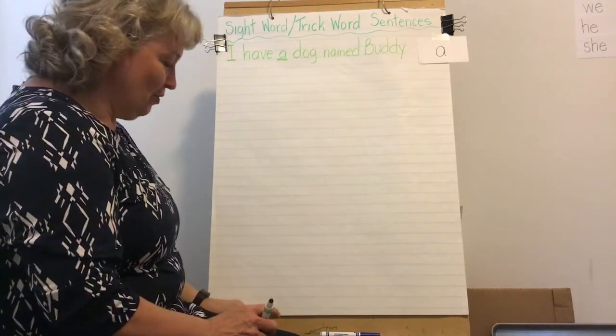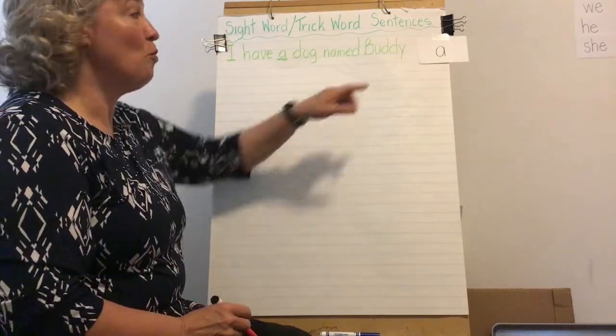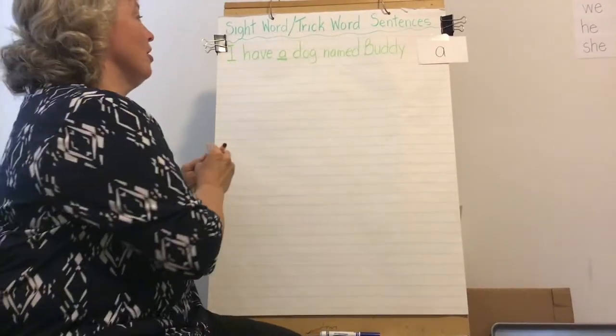All right, so go ahead. You try another sentence. I'm going to start my sentence with the word. See if you can make a sentence that starts with that word. Okay?